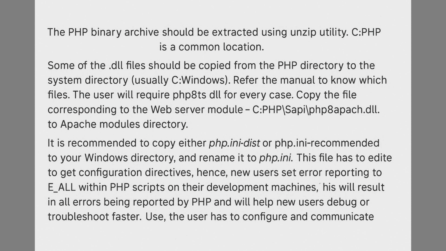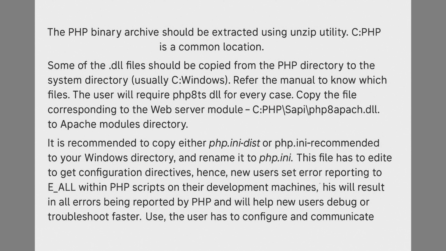After downloading the Apache server, the next step is to extract the PHP binary archive. You can use any unzip utility for this process. The most common location for extraction is C:\php. Next, some of the important .dll files from the PHP directory need to be copied to the Windows system directory, which is usually C:\Windows.